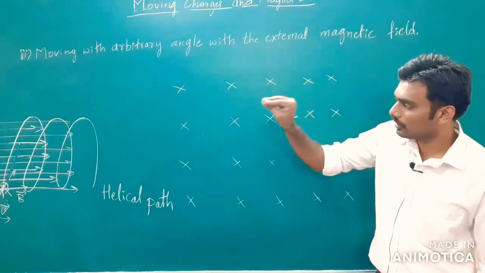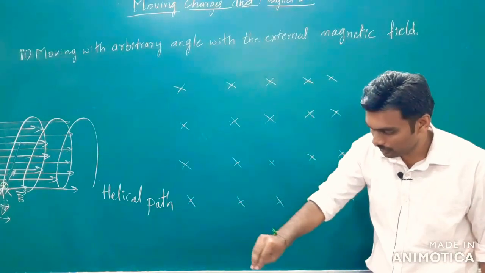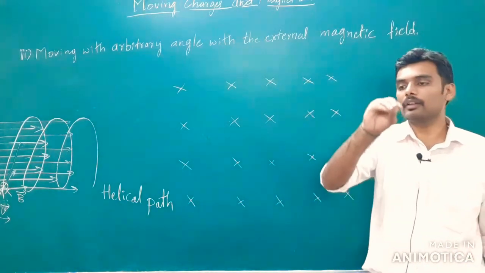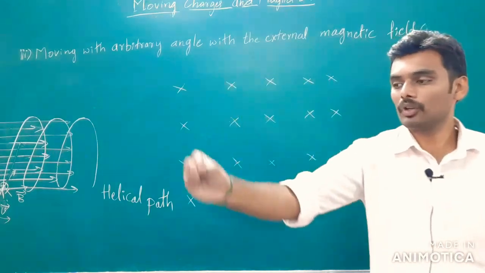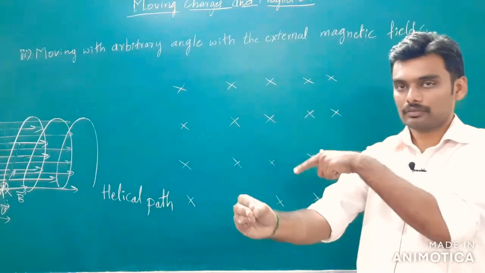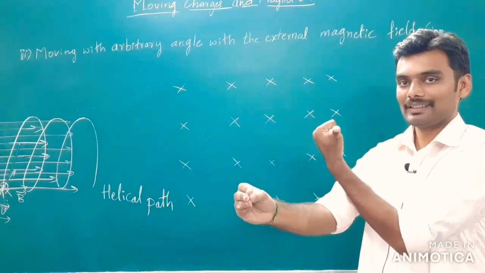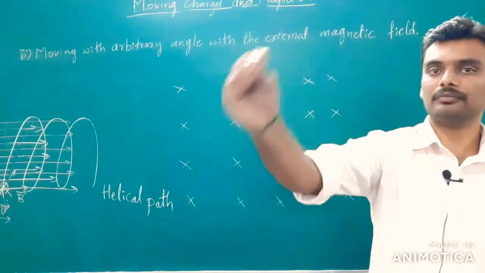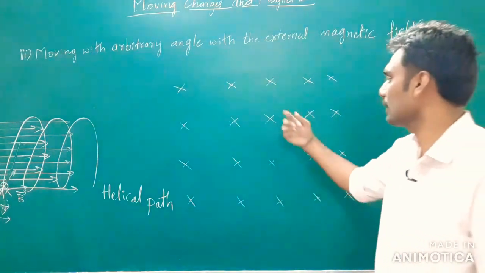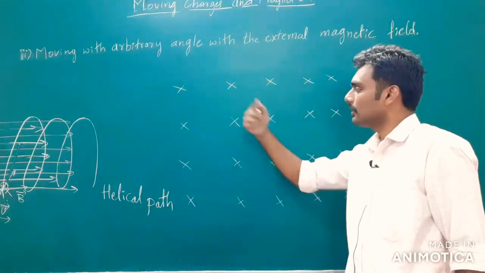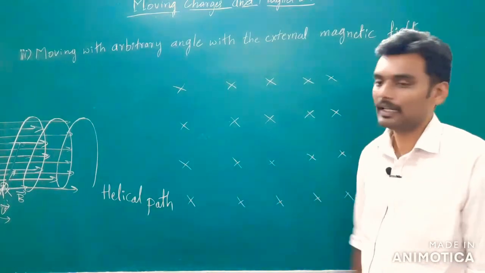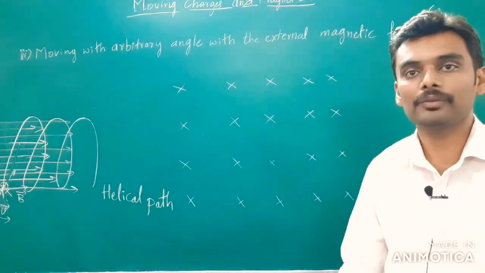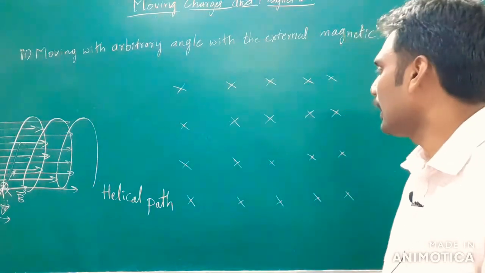It would experience the magnetic force, come back, and then again the magnetic force keeps it in a circular path, but since it also had a velocity in this direction as a component, it will come towards you. Okay, if I throw it like this, it will start to come like this towards you. So, a helical path if it is at a certain arbitrary angle.